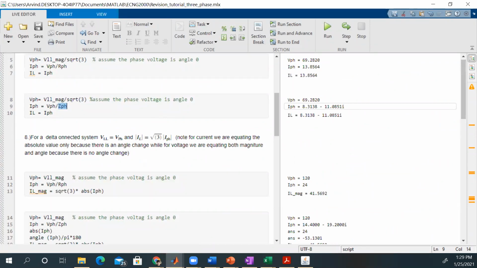So for the next one, we're looking at the same thing except for a delta connected system. So all we have to do now is change, and for what we did for current, we're going to do it for voltage. So here we have the delta connected system. We have V line to line is equal to V phase.